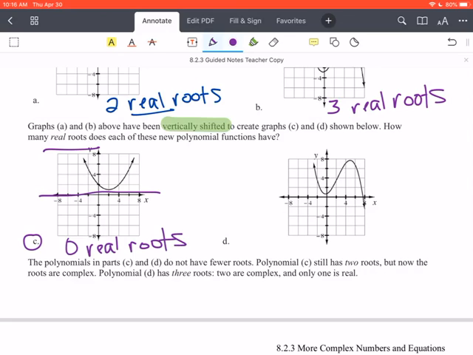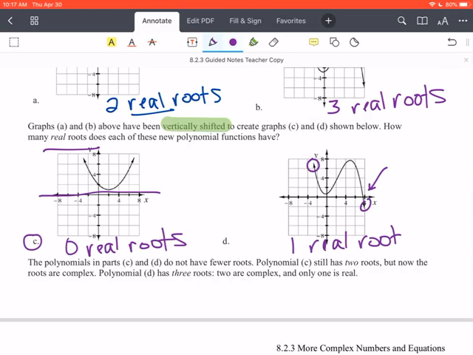And then if we look at this odd degree polynomial, because we see that they have opposite end behaviors, how many times is it crossing the x-axis? Well, we can see it's only going to cross the x-axis 1 time. So this polynomial has 1 real root. So the polynomials in part C and D do not have fewer roots.